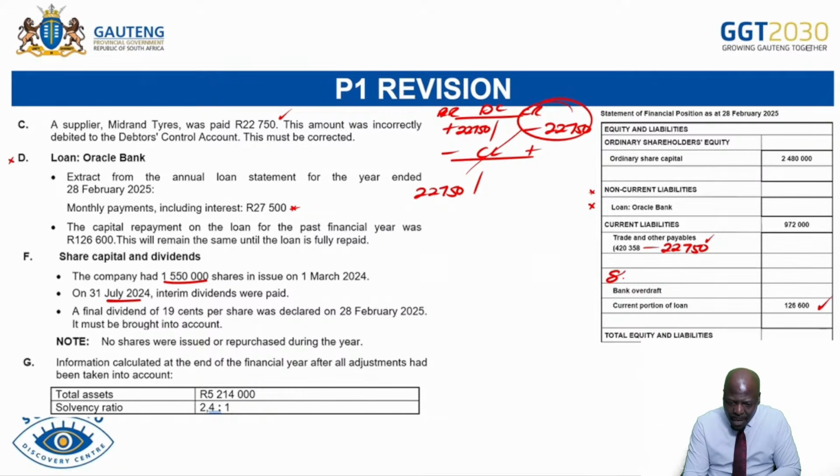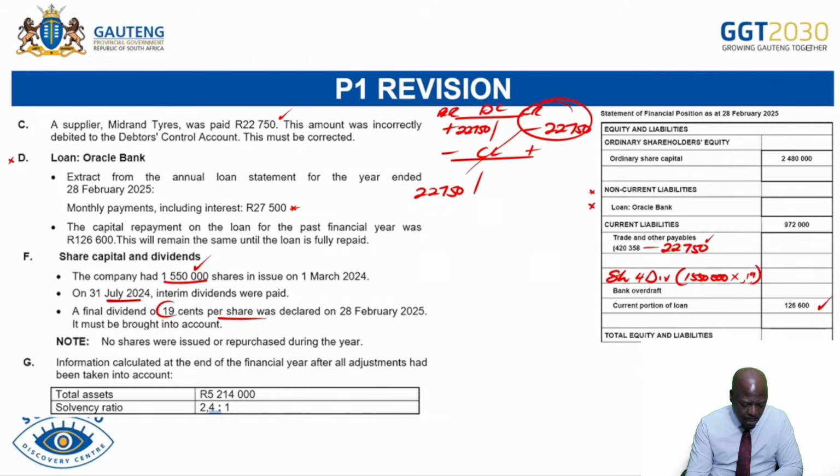So let me come here and say shareholders for dividends. How do I get that? I'm going to say my number of shares. How many shares do I have? 1,550,000. I multiply that by 19 cents per share.